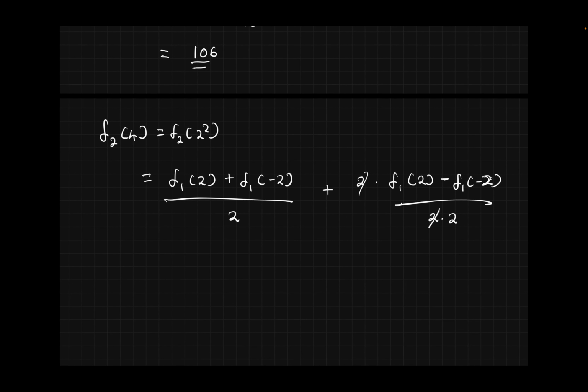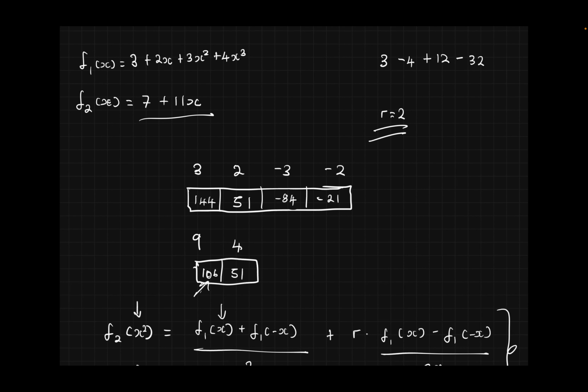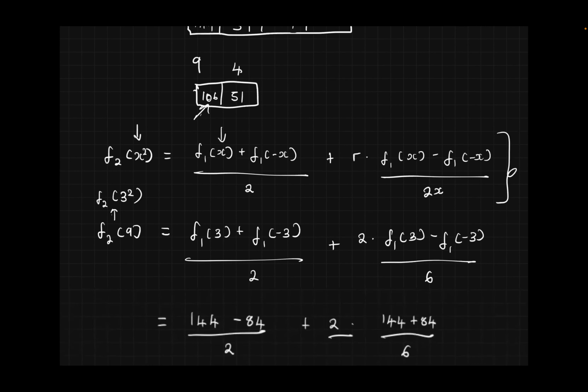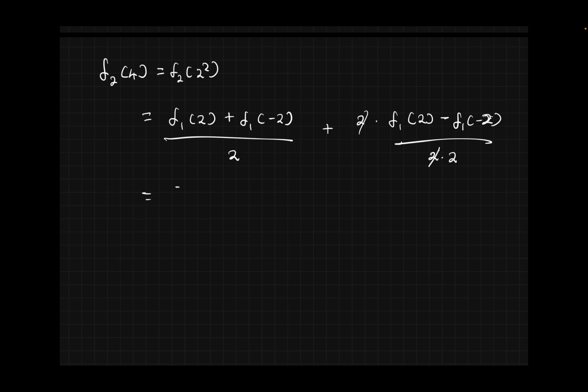Okay. Now what's F1 of 2? That's 51 and minus 21. So that's 51 plus minus 21 divided by 2, right? Then plus 51 minus 21 divided by 2. What's 51 minus 21?